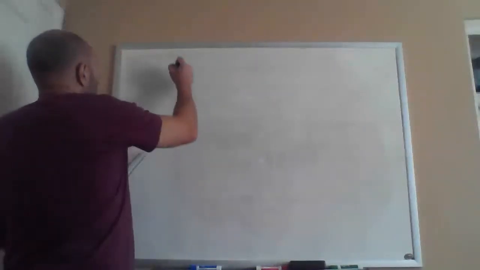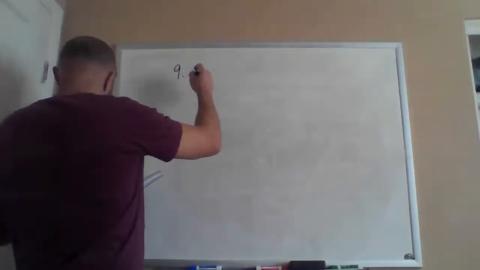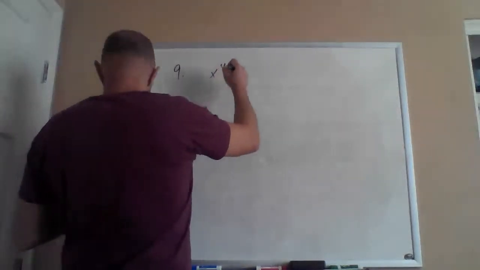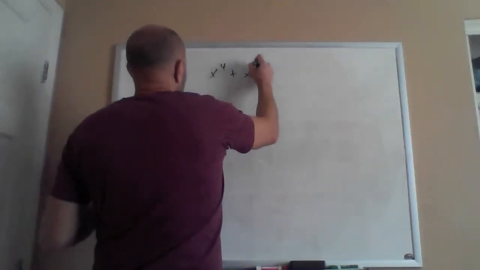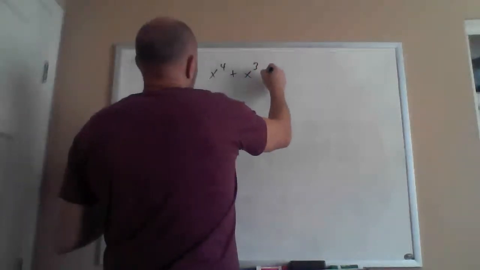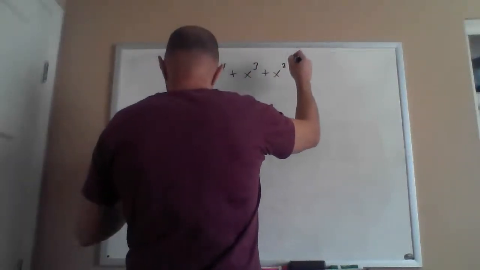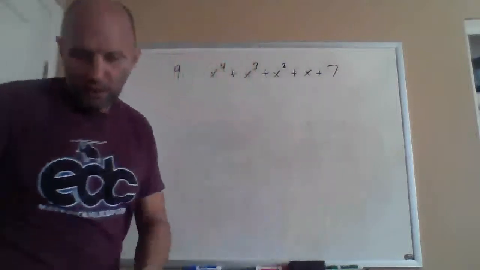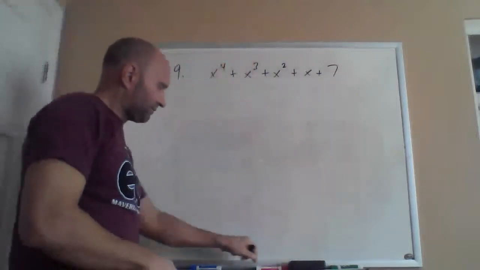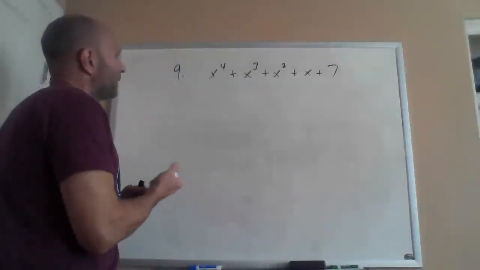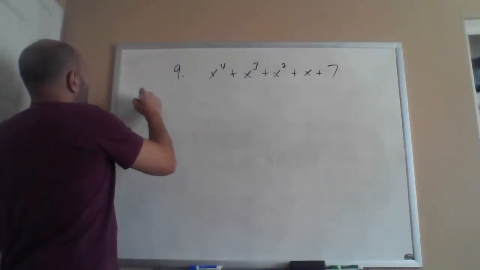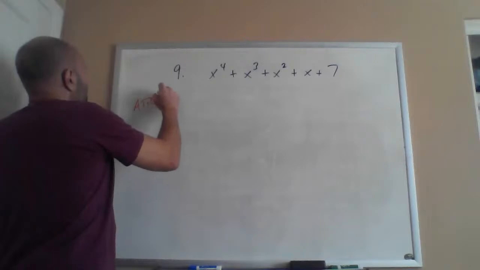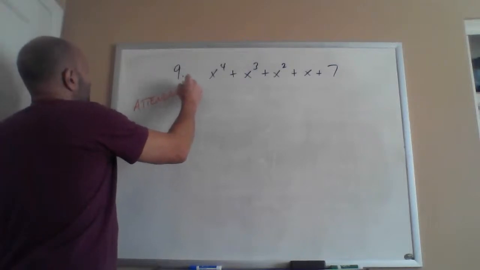All right, so let me have you try number 9. Number 9, we have x to the 4th plus x to the 3rd plus x squared plus x plus 7. And so before you get going on this, because we have relatively few questions you guys asked about, let's make this the attendance question today.